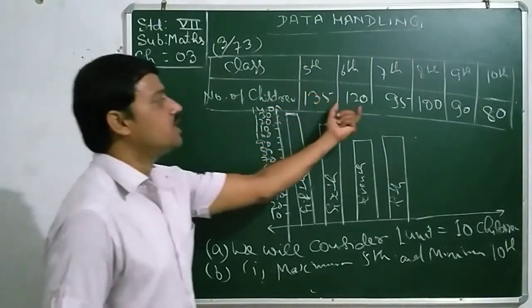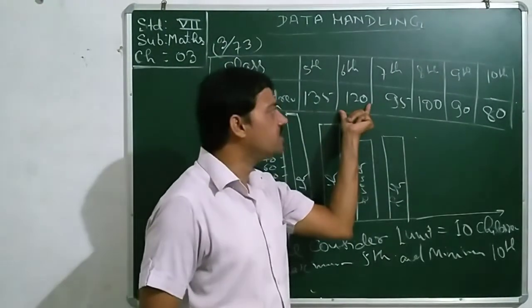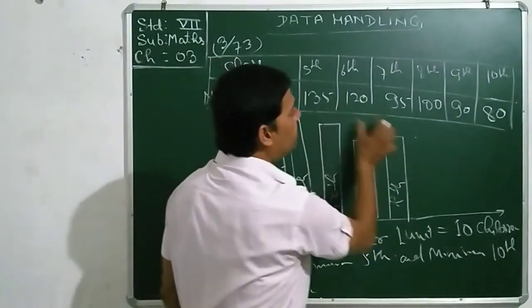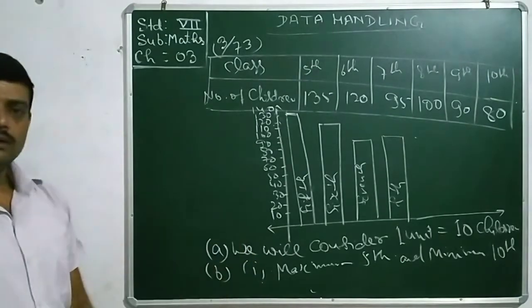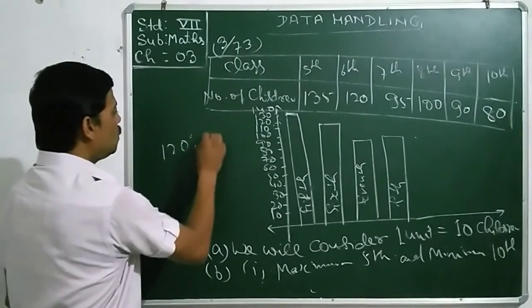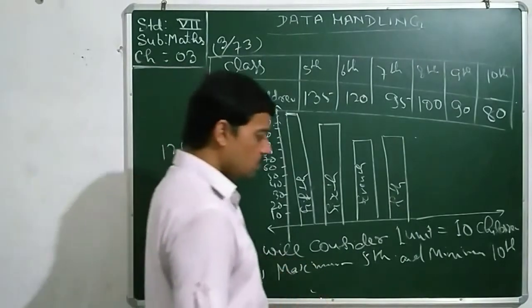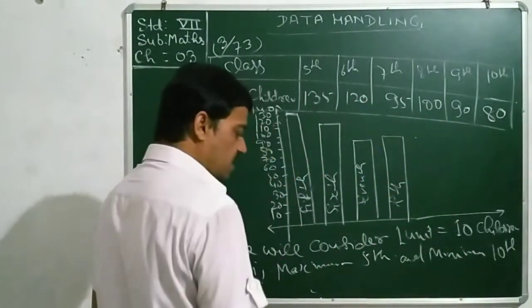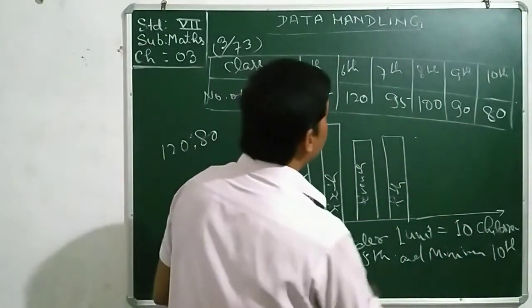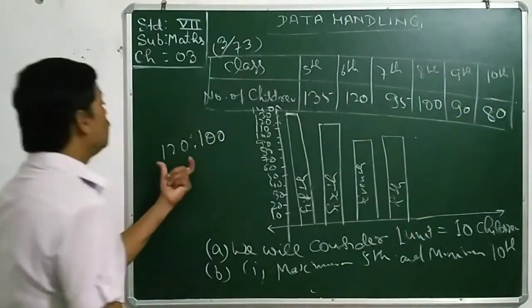The ratio of 6 to 8 will be the number of students of class 6 to the number of students of class 8. I said 10 by mistake, not 80; it has been asked 6 to 8, so 120 is to 100.